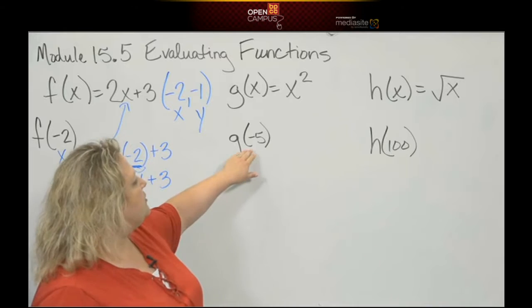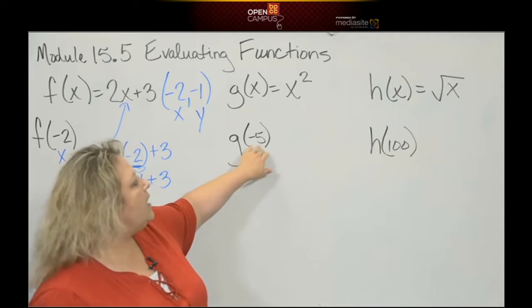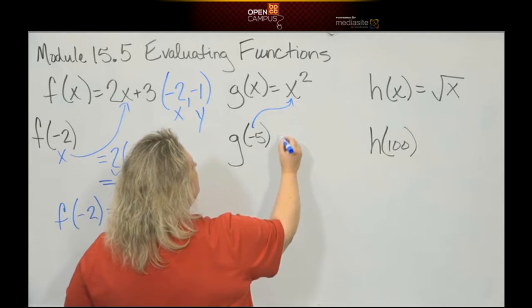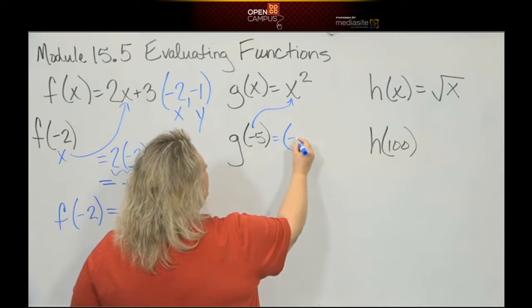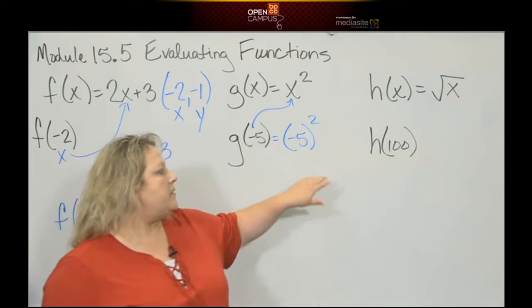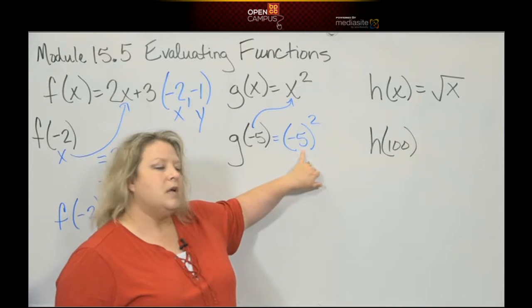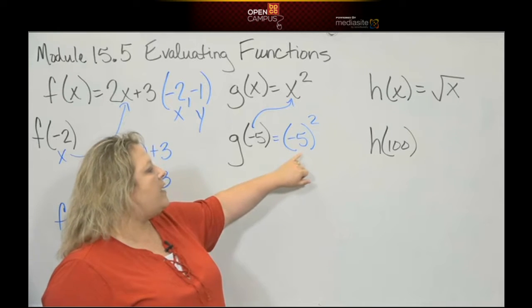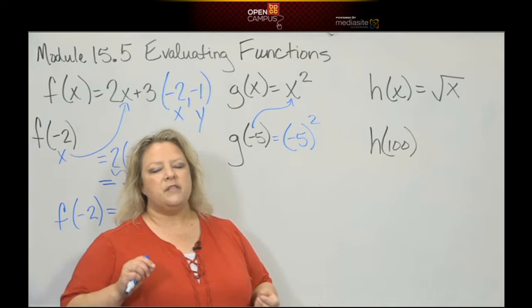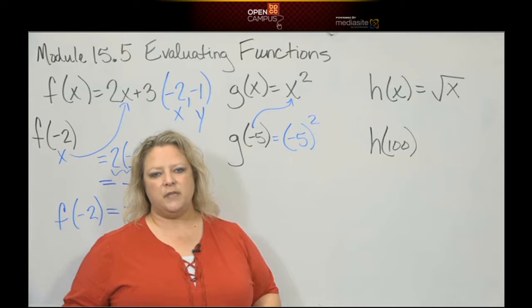Here I have g of negative 5, and I want to substitute that in place of this little x right here. So that means I'm going to have negative 5 squared. Now I want you to be aware of something, and I want you to be very careful, because when you have a negative number and you square it, remember, squaring a number means multiplying it to itself.